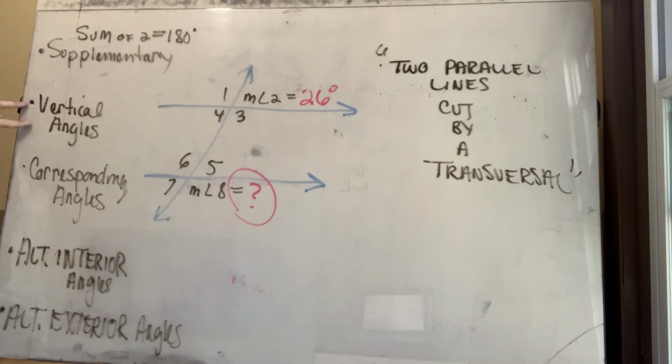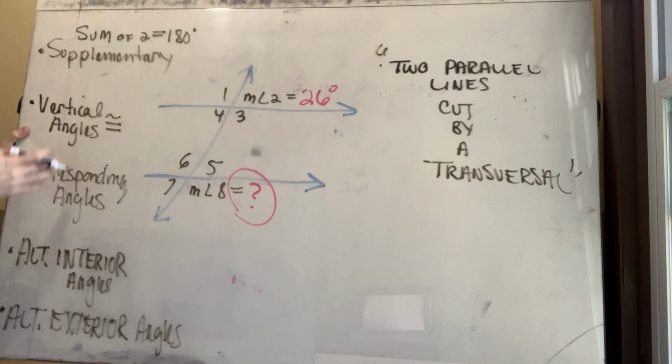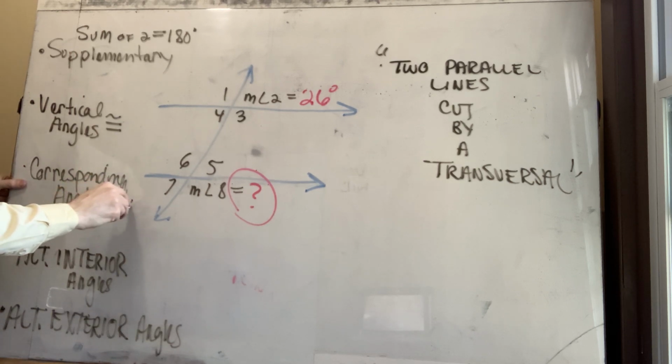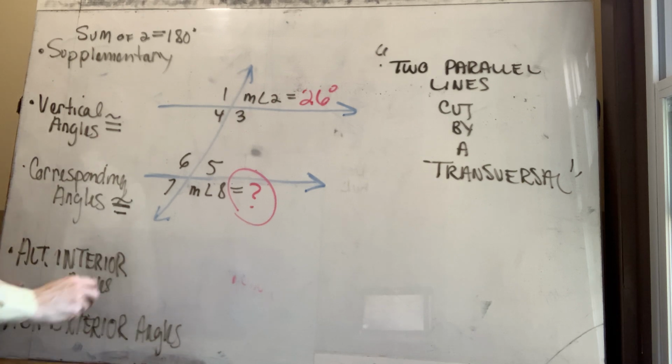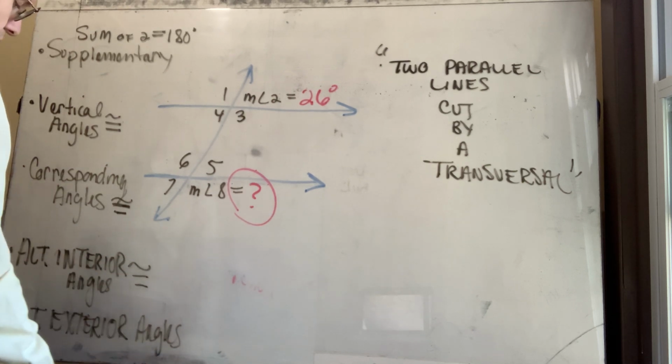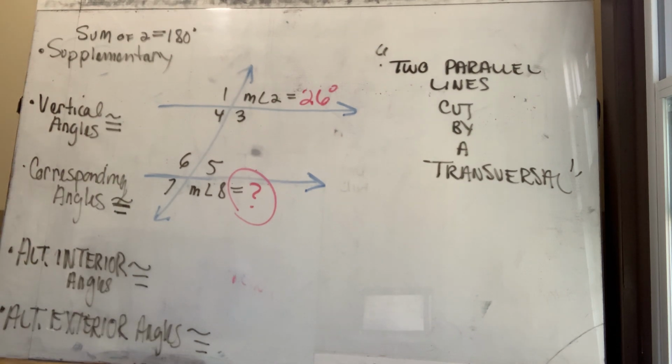Vertical angles are congruent. That's the symbol for congruence, which essentially means equal. Corresponding angles are congruent. They're a different arrangement though. Alternate interior are congruent, and alternate exterior are congruent. They're just in different places.